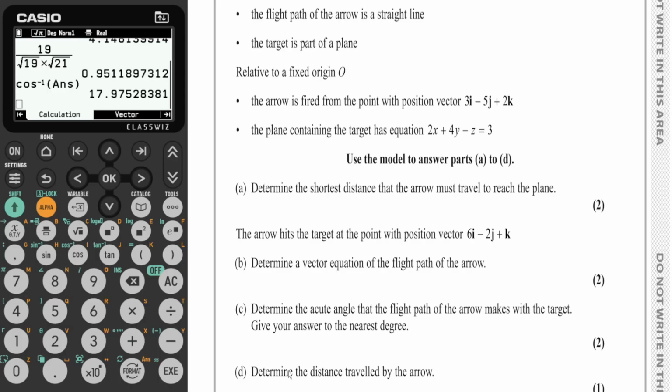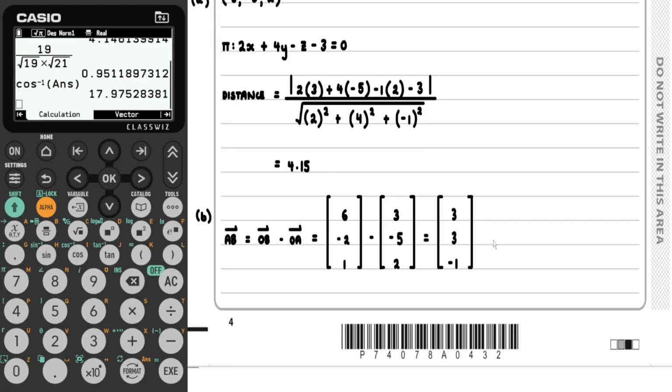Part D. Determine the distance travelled by the arrow. Well, it starts here at (3, negative 5, 2), and it finishes here (6, negative 2, k). We need to find the distance between those points. You'd recall in part B, we worked out what the vector AB is. That's (3, 3, negative 1).